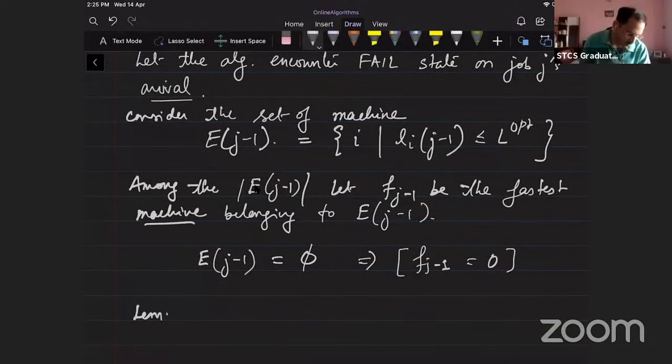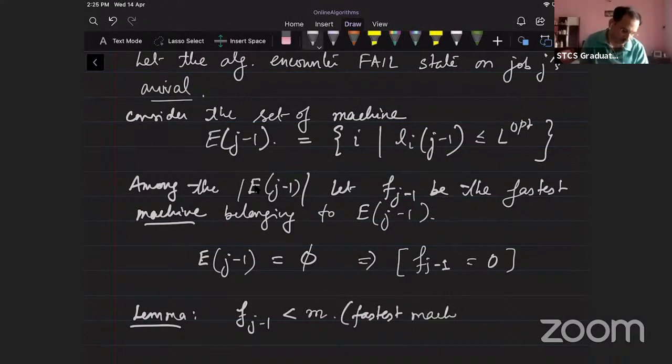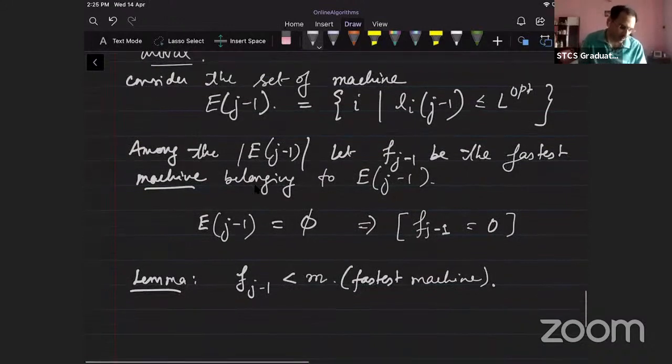Okay, so first lemma, that F_{J-1} is strictly less than M. So M, remember, is the fastest machine. What we are trying to claim is that the fastest machine among the set E_{J-1} is definitely a machine which is slower than the fastest machine. So anyone wants to prove this?